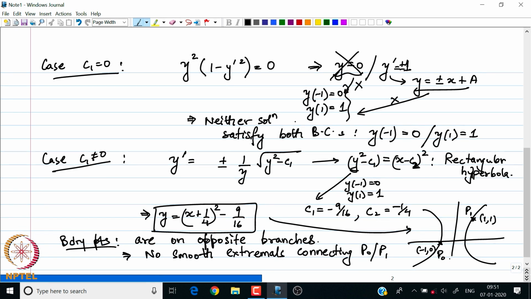It is quite clear from the diagram. So, this problem is not going to admit any continuous solution, let alone continuously differentiable solution.